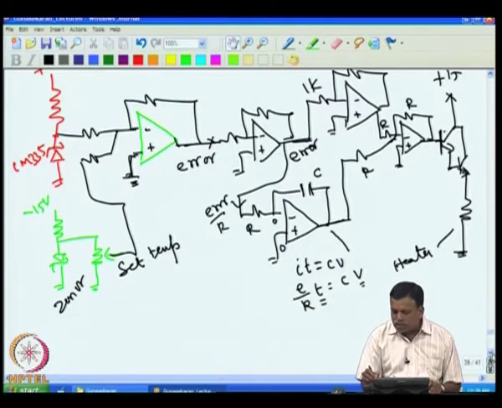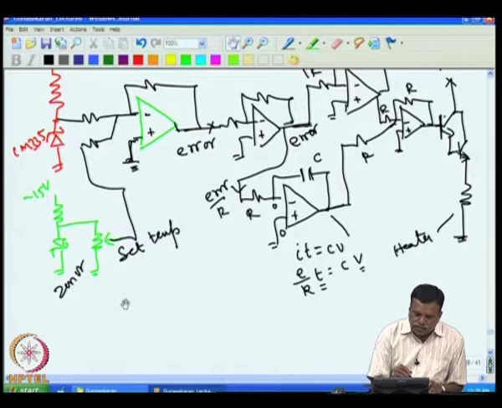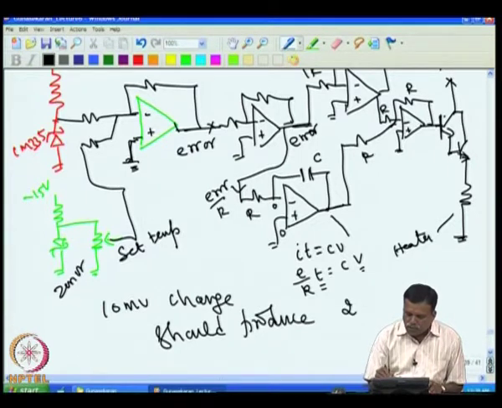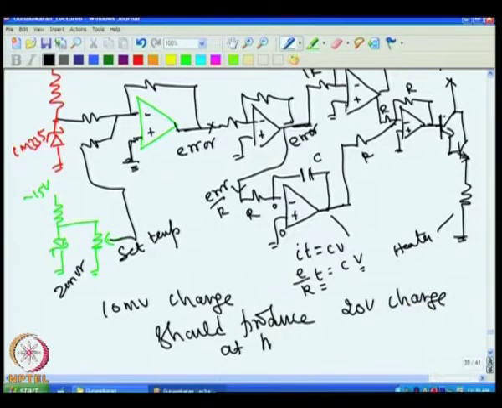So, what actually works out is 10 millivolt change should produce 20 volt change at the heater. Because 20 volt change at the heater will change the temperature by 100 degree, but we know 1 degree change will give us 10 millivolt by this sensor.